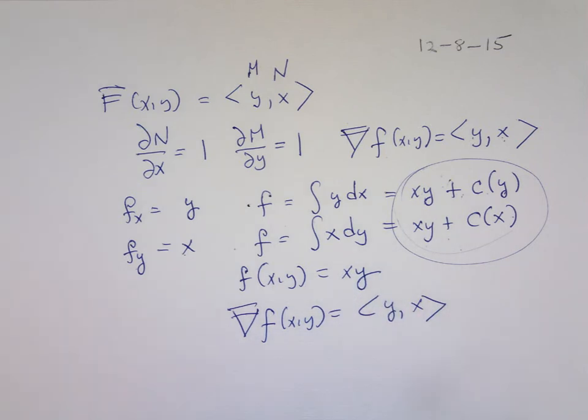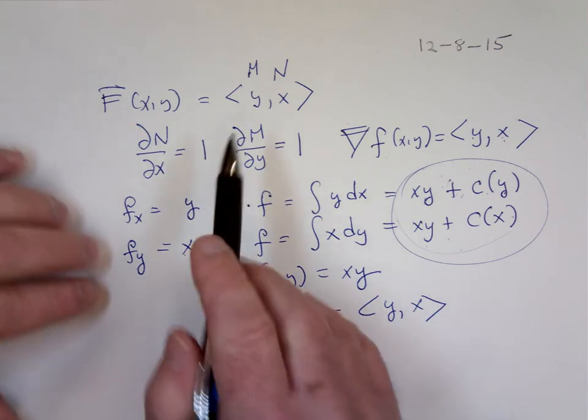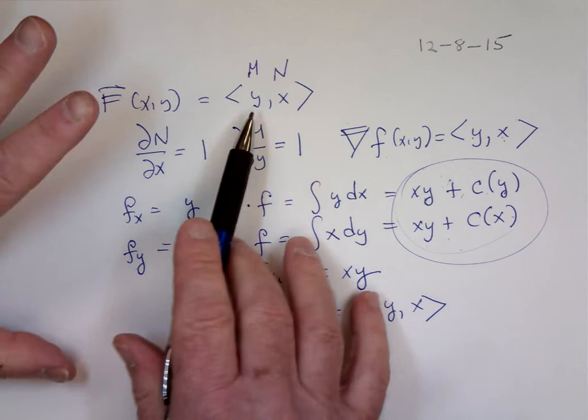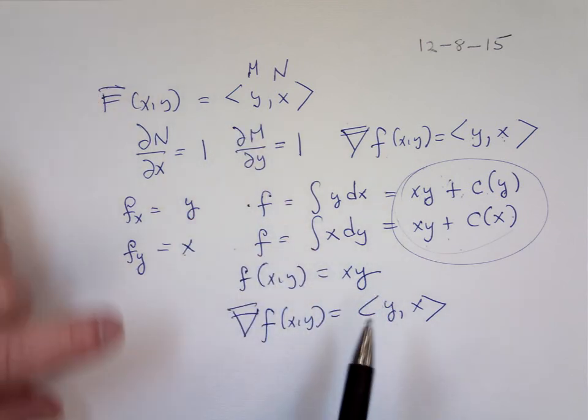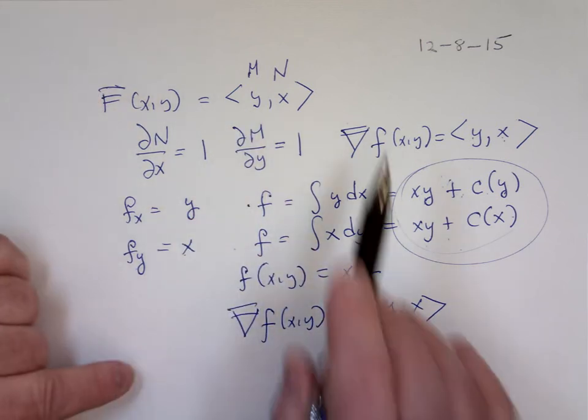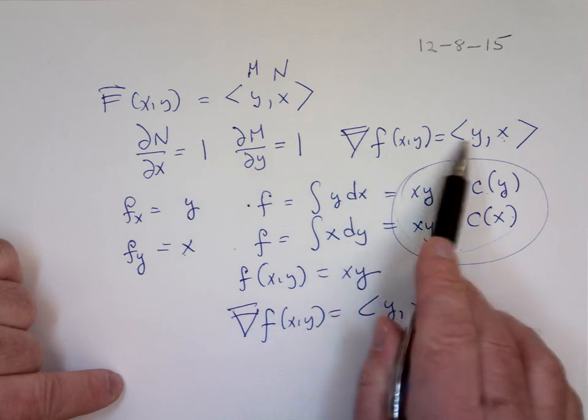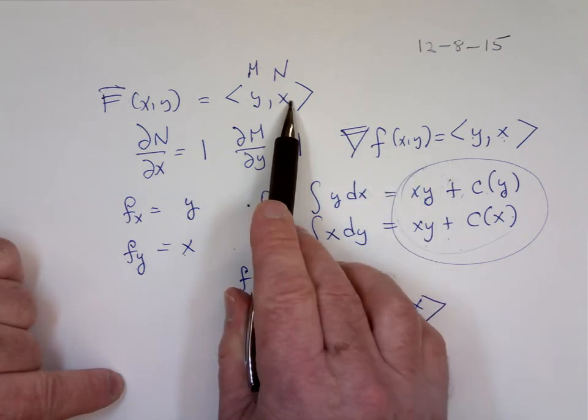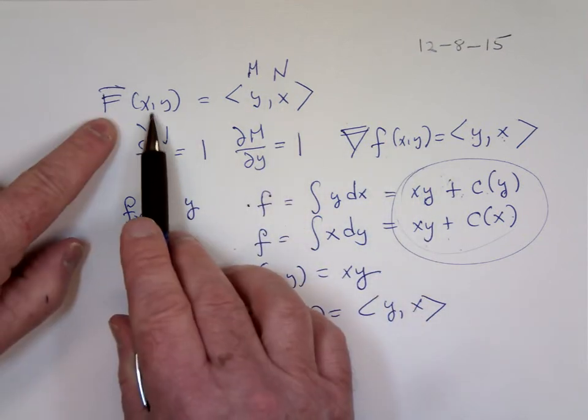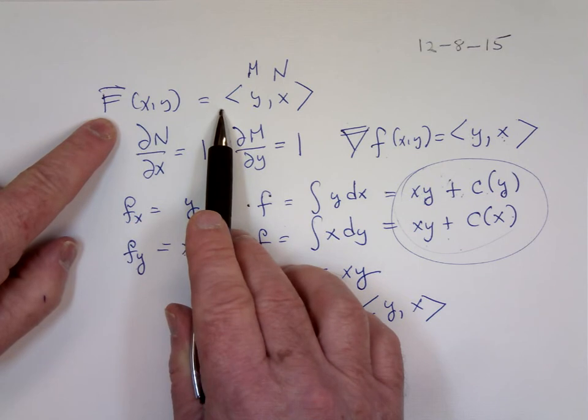So you came up with that by taking the partial derivatives of each one? I said that, okay, we know it's conservative, so I'm looking for its potential function. I know the gradient of the potential function has to be y x. That's what it means to be conservative. Oh, so they have the same thing.